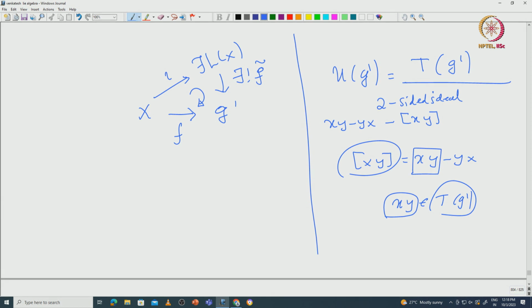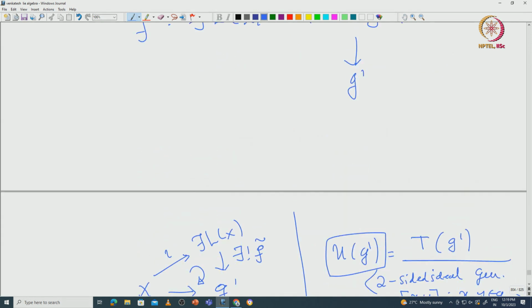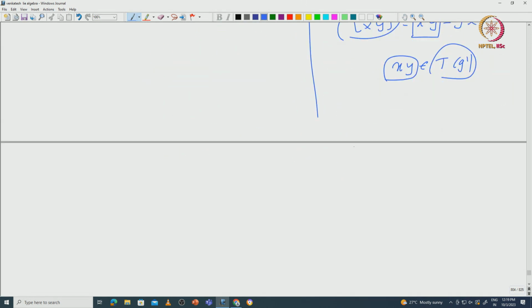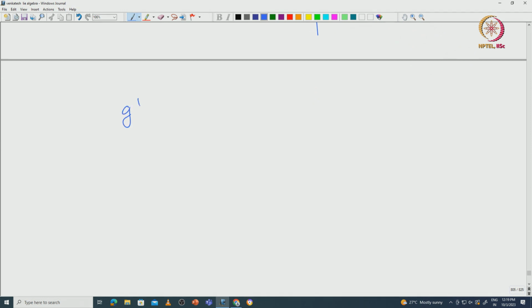So, you take the two sided ideal generated by x y minus y x minus bracket x y, where x and y come from G dash, okay. So, that you denote by u G dash. So, that is your universal enveloping algebra, okay. Then you have a natural map from G dash to T G dash and then T G dash to this u G dash, that map you call I. So, clearly this I is a Lie algebra homomorphism.